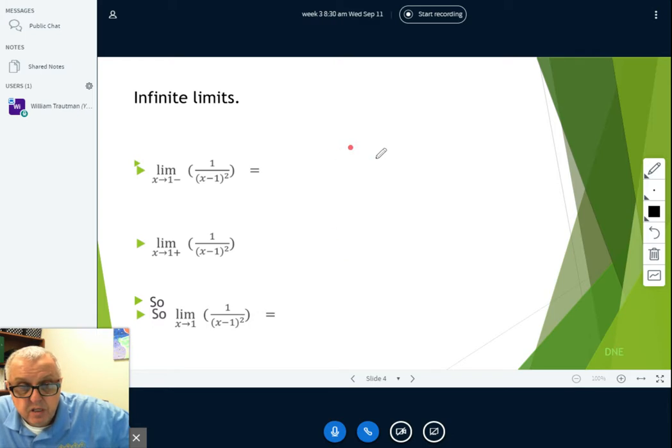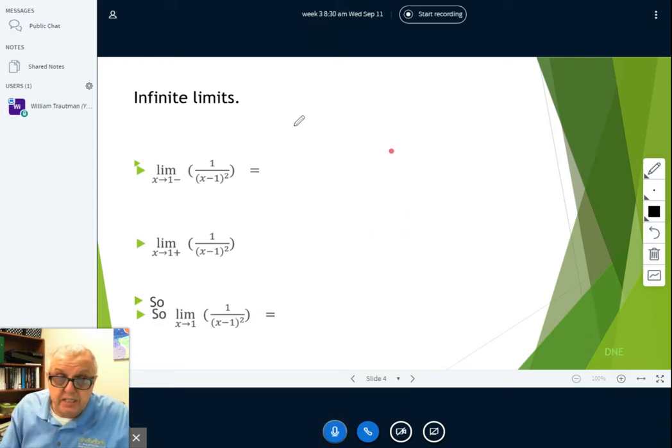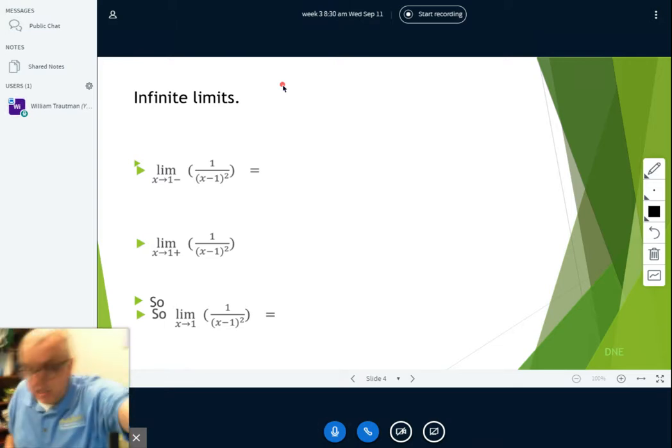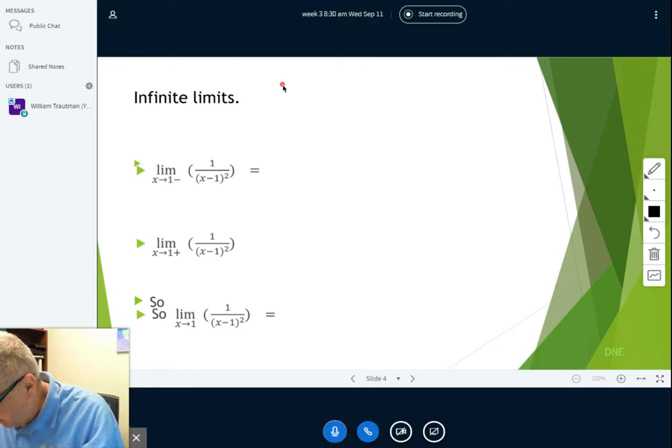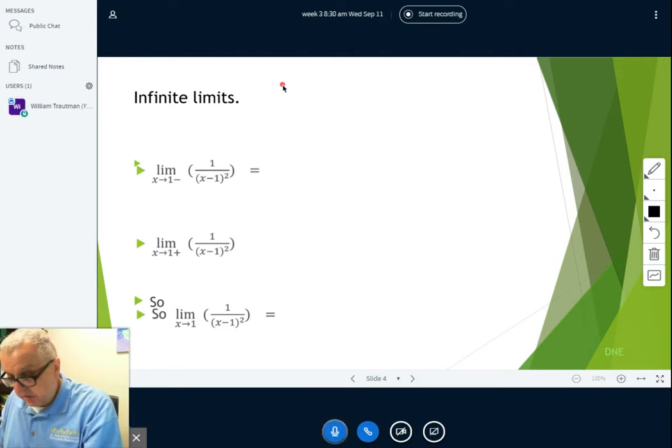So let's take a look at this. I'm going to do this one on my calculator rather than plugging in numbers like I did. So let me put that in my calculator first. 1 divided by x minus 1 squared.